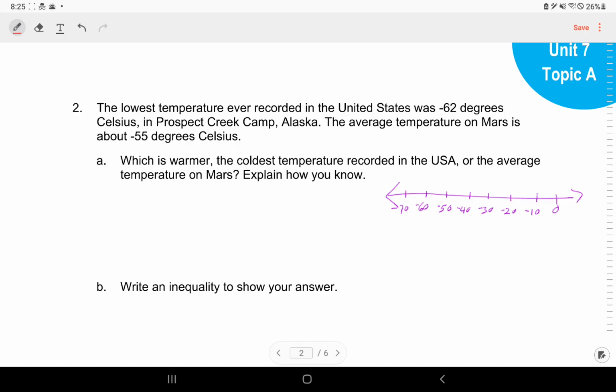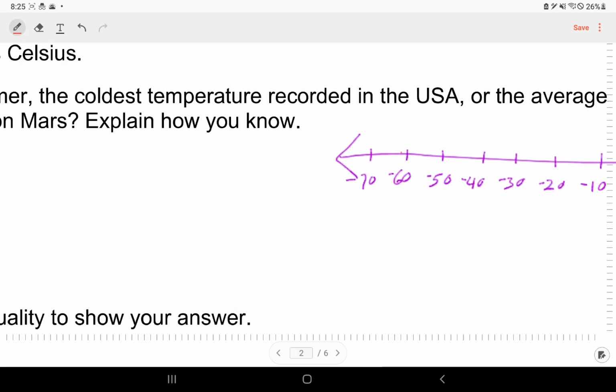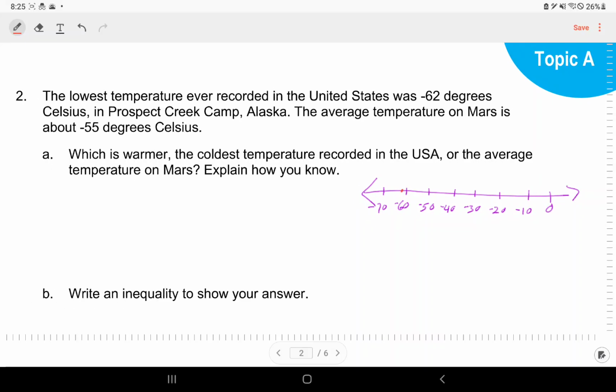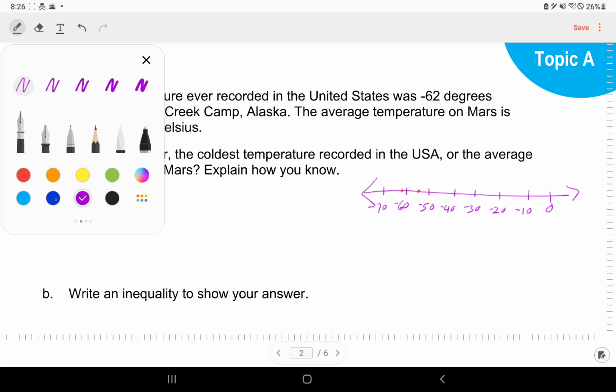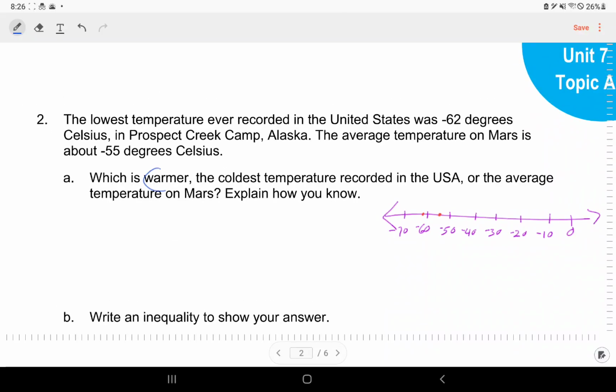Well, negative 62 would be right about there. And then negative 55 would be right about there. Warmer would be farther right.